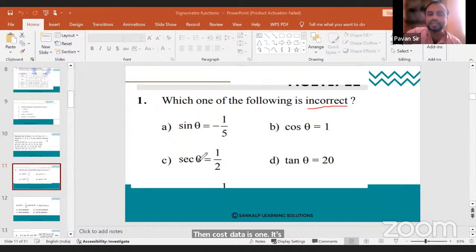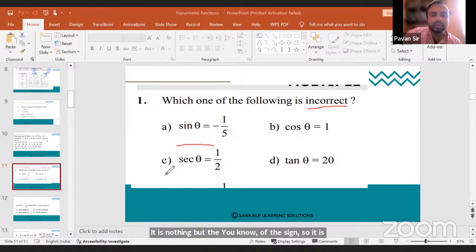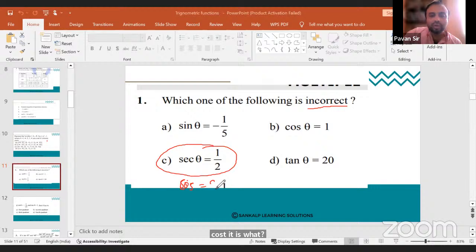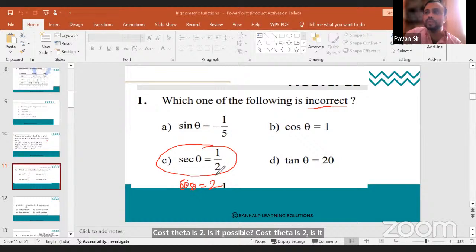But sec theta is nothing but the inverse of cos. Sec theta is 1/2, the meaning of this is cos theta is 2. Is it possible? Cos theta is 2, is it possible?